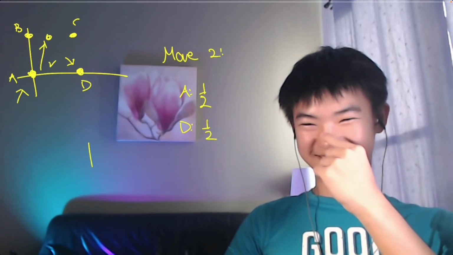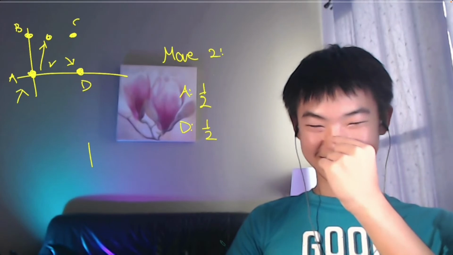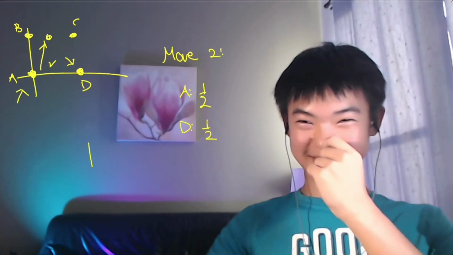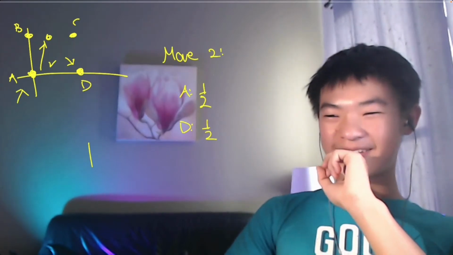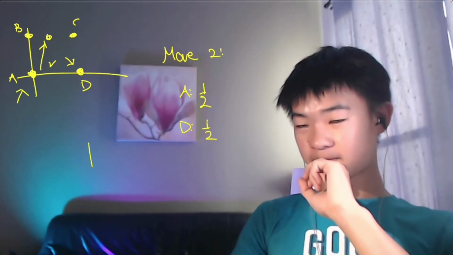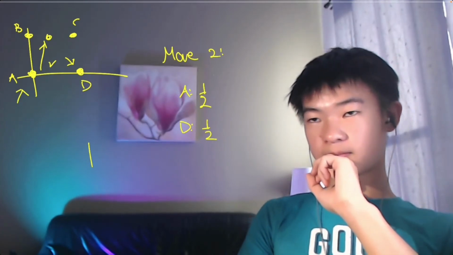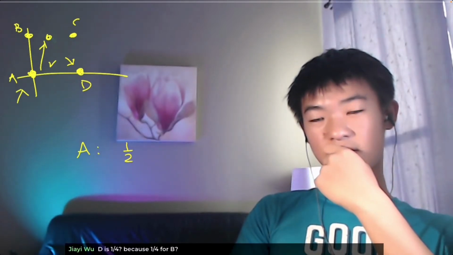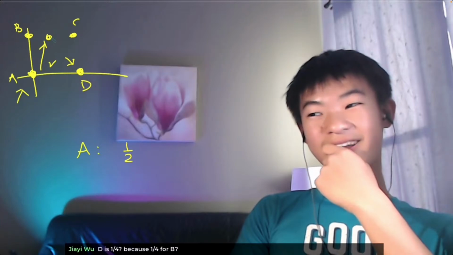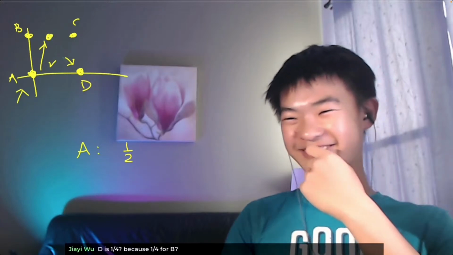This sounds like a job for states. I'm not very good at states, but we could try. On any move, if you start at A, there's a 1/2 chance, and D is 1/4, because 1/4 for B. Oh, okay, I see what you mean. Yes, you are really smart.